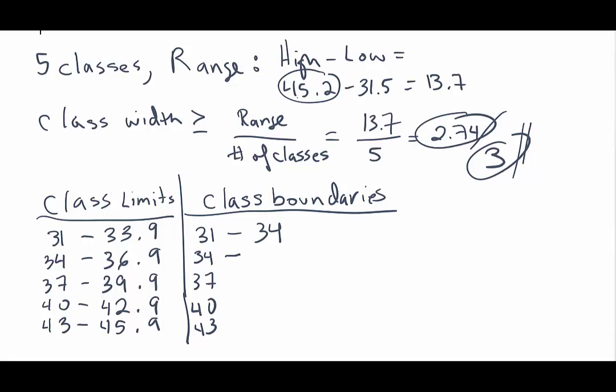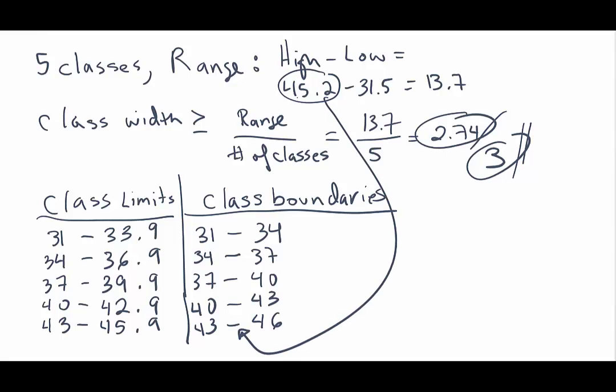And then it'll just be 37, and then 40, and then 43. The only one that's new is we add 3 to 43 to get 46. And those are class boundaries. And once again, we see that 45.2 falls nicely within the last category, so these work as well. So whether using class limits or class boundaries, it seems like a class width of 3 is perfectly fine.